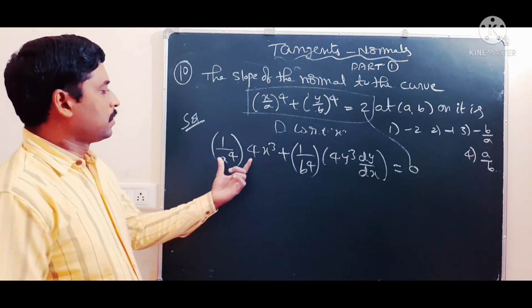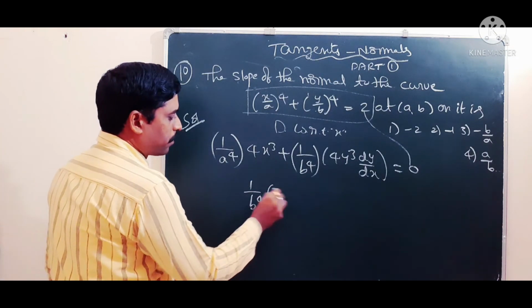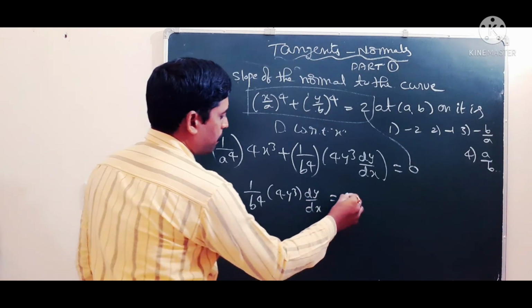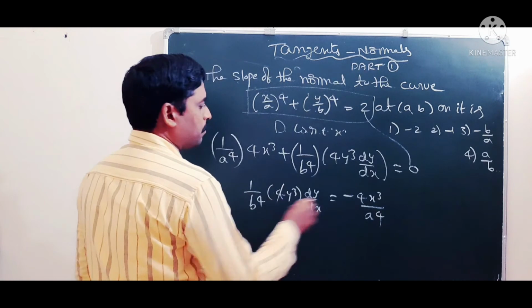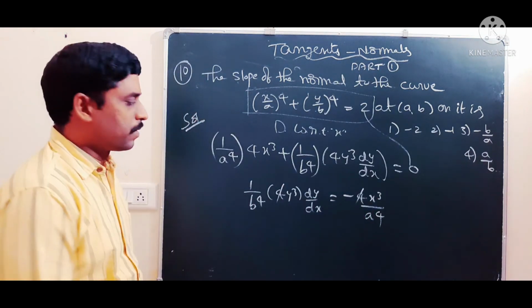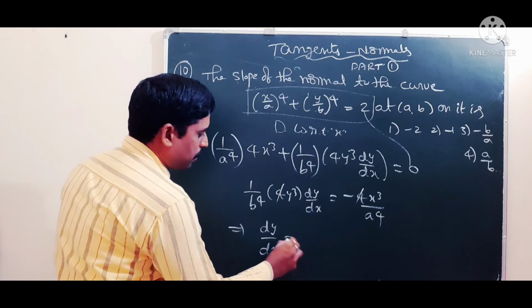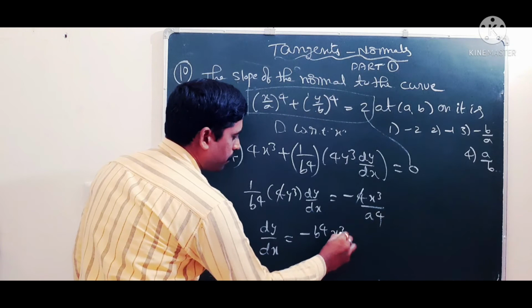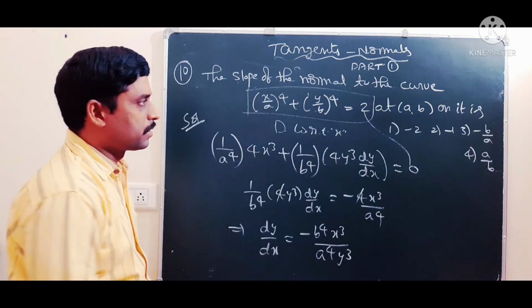Okay, this value we bring to the right side: 1 by b to the power 4 into 4y³ dy by dx equals minus 4x³ by a to the power 4. On both sides 4 gets cancelled. Okay, dy by dx will be, by cross multiplication, minus b to the power 4 x³ by a to the power 4 y³. This is dy by dx.